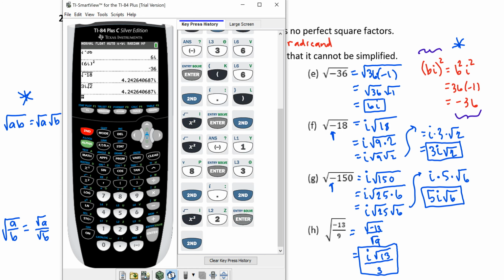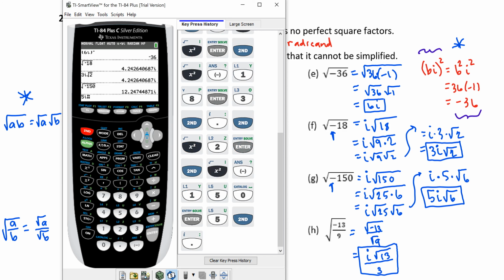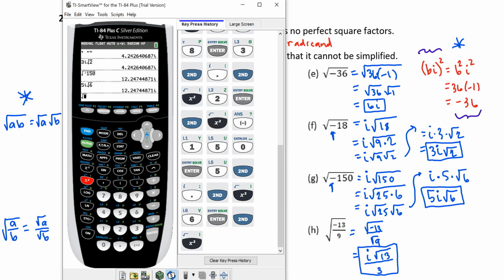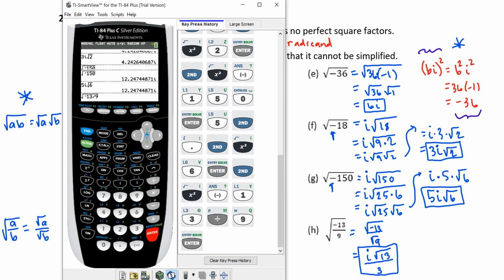So let's verify square root of negative 150. That's the original problem. We ended up with 5i square root of 6, and the decimals are the same. Finally, we can check square root of negative 13 over 9. The calculator gives us the decimal approximation.